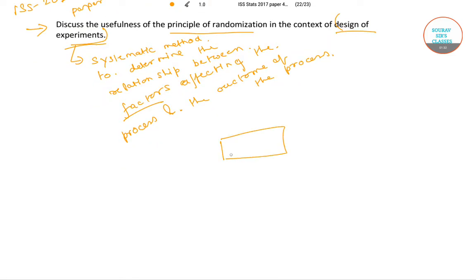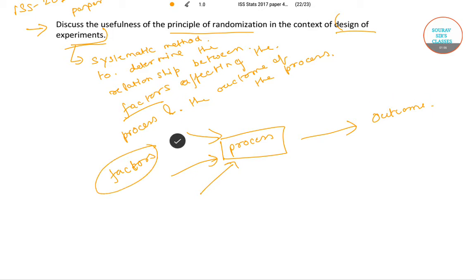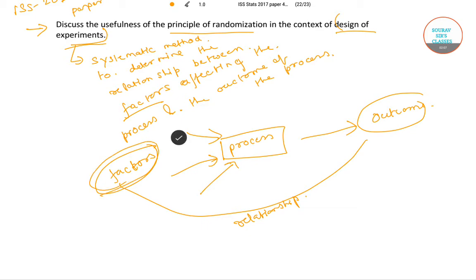So if it is a process and there are certain factors that are affecting the process and the outcome of the process, then it is the systematic method to determine the relationship between them.